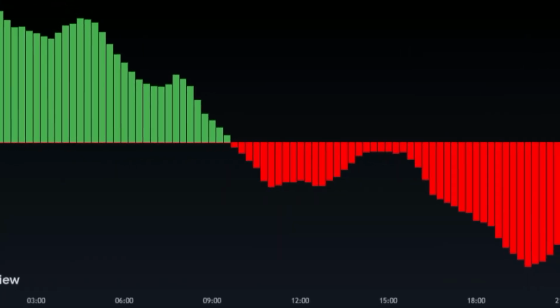With these modifications, we're now better equipped to interpret the MACD split colors indicator.